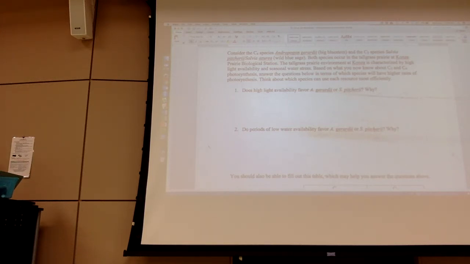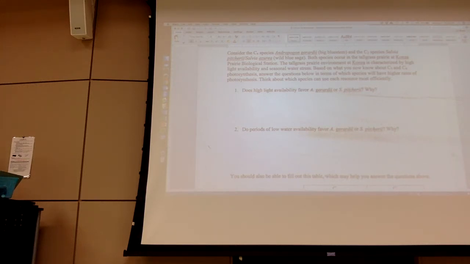Both species occur in the tall grass prairie at Konza, which is characterized by high light availability, and seasonally, it has water stress. What season do you suppose it has water stress in? Summer's pretty dry, right? Particularly late summer.